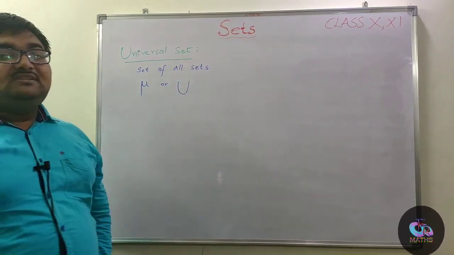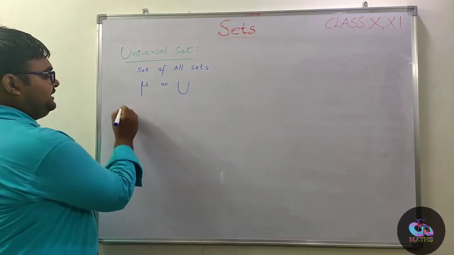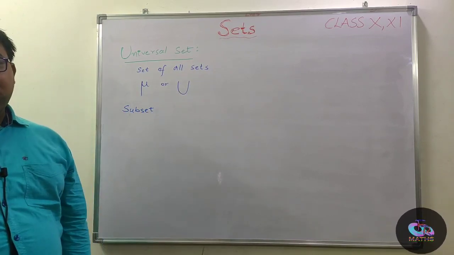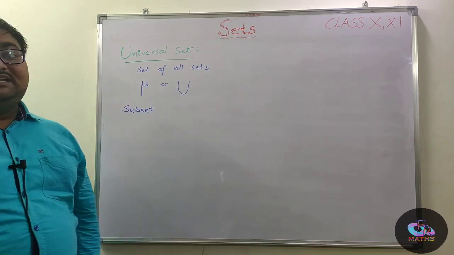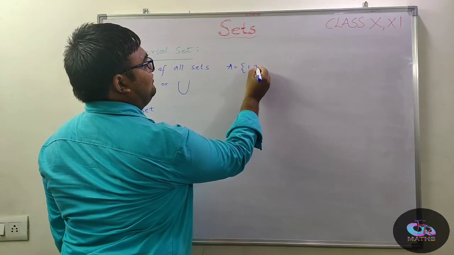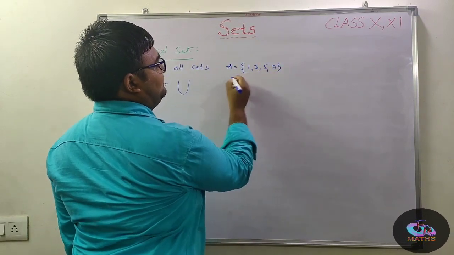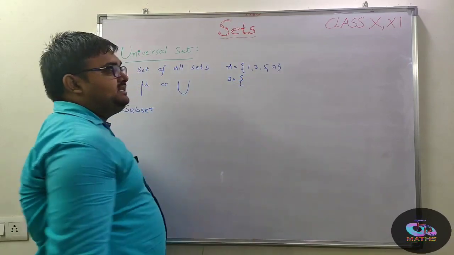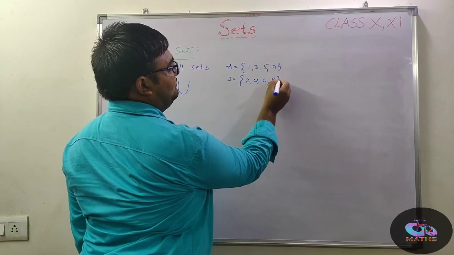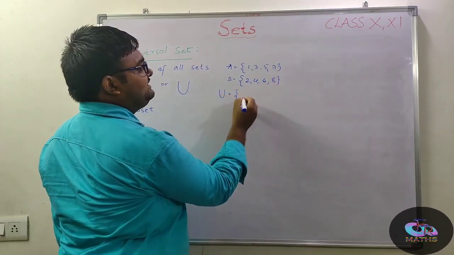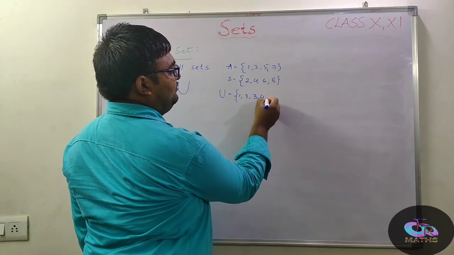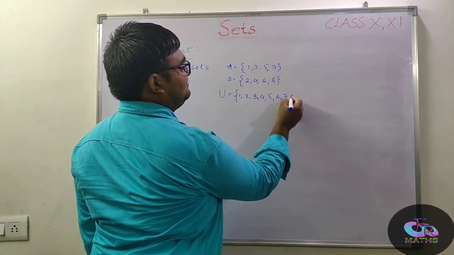Whenever you have a universal set, we come across a concept called subset. For this, consider one example: if you treat a set A as {1, 3, 5, 7} and you take one set B as {2, 4, 6, 8}, then the universal set is the set {1, 2, 3, 4, 5, 6, 7, 8}.